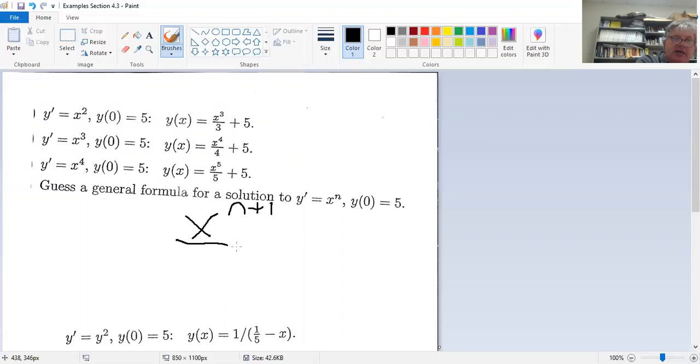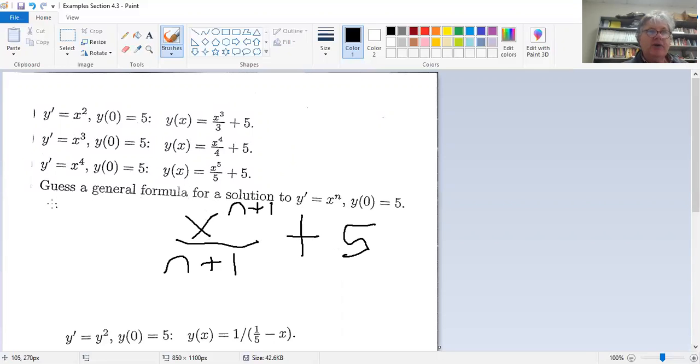So if we divide this by n plus 1, that's going to work. So the derivative of this is going to be x to the n. Now when we plug in 0, we're going to get 0. We want the answer to be 5, so we just add 5 right here. Okay, and that is indeed the answer.